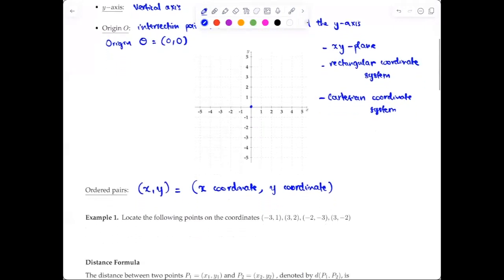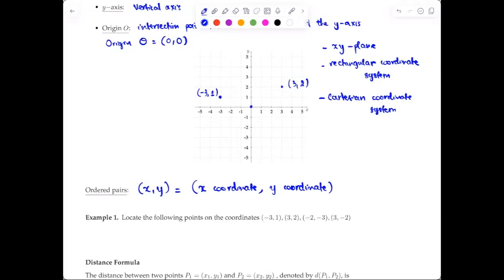All right, with this information, can you locate these points on the coordinate system? I have four different points here: (-3, 1), (3, 2), (-2, -3), and (3, -2). The first point: x equal to -3 and y equal to 1. So this is the point (-3, 1). The second point is (3, 2), so x equal to 3, y equal to 2.